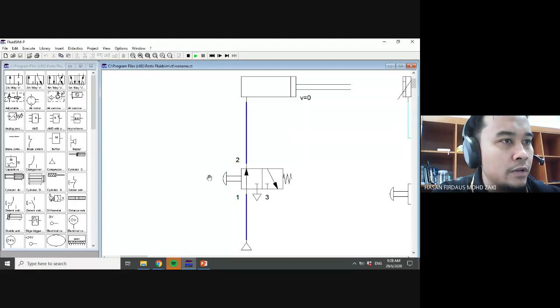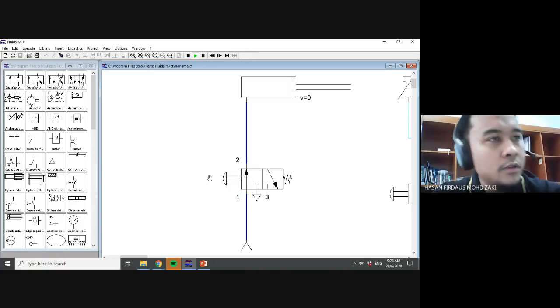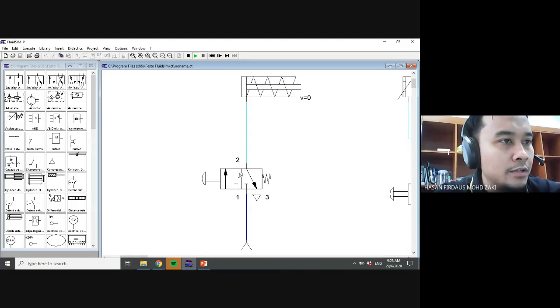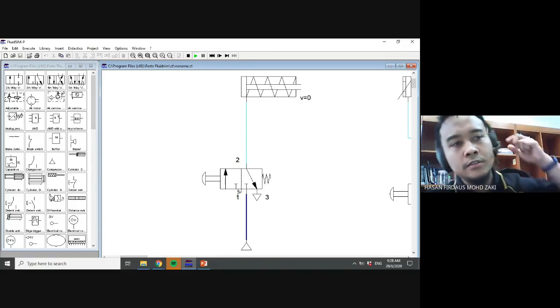Port 1 flows to port 2, and port 2 is connected to our cylinder and moves it to the advanced position. If we release, it goes directly to the initial position, which is retracted.